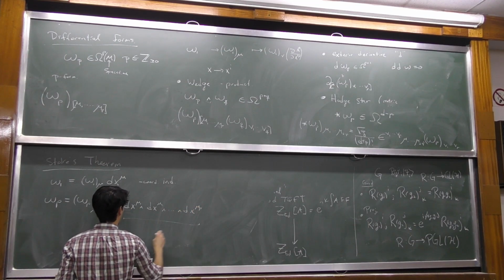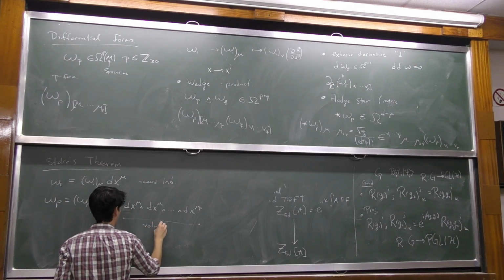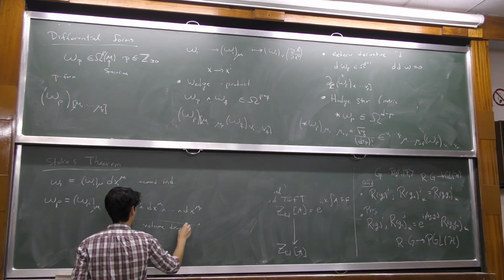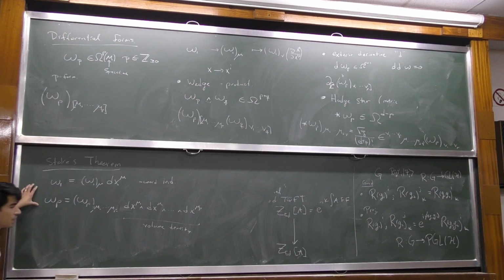So this is actually a volume density. And again, this is coordinate independent. So it makes coordinate independent sense to integrate differential forms, a differential p form along a p-dimensional manifold.